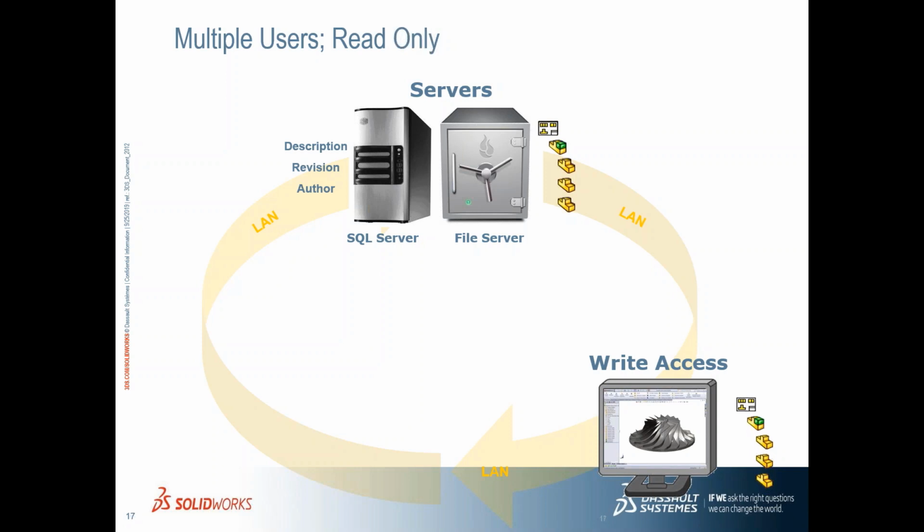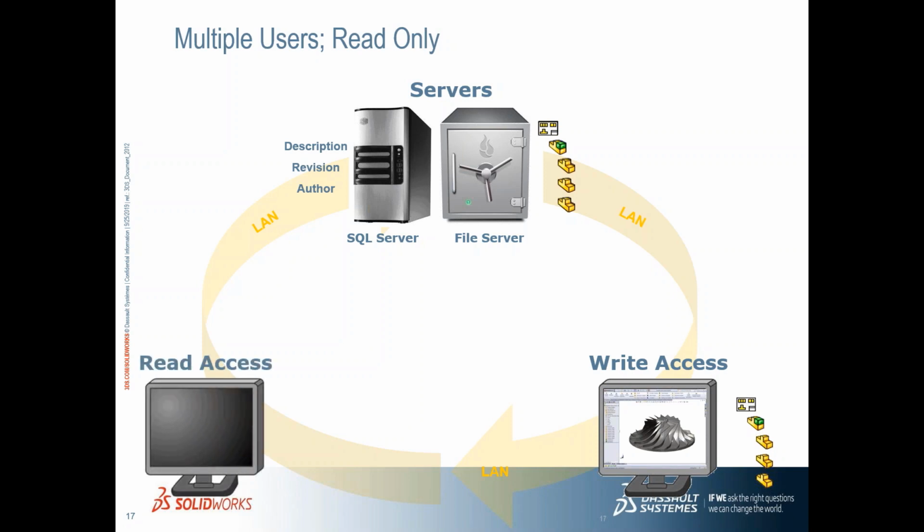Then when somebody else wants to access that, they can open it without any error messages or warnings, and they would get read access. So in a multi-user environment, we're able to work more efficiently together because this database and this archive are controlling who's doing what, and it gives a much more seamless workflow when you're working with CAD documents.